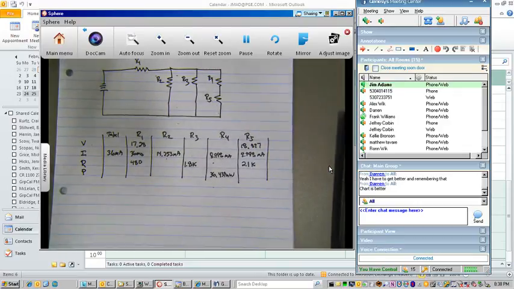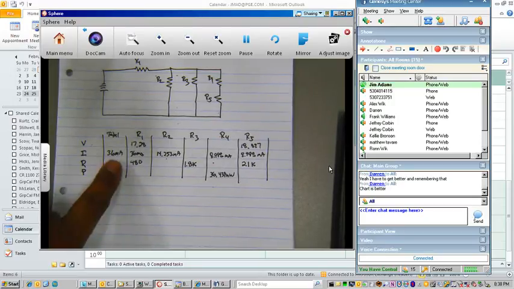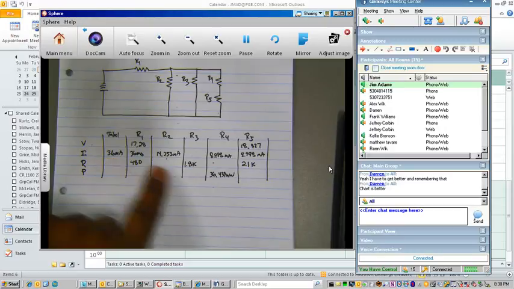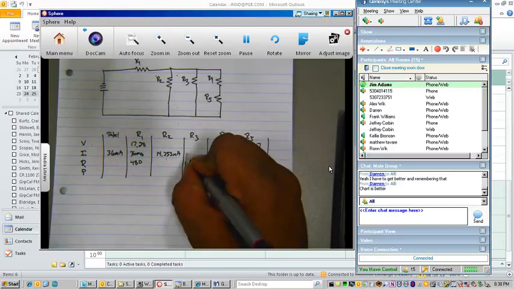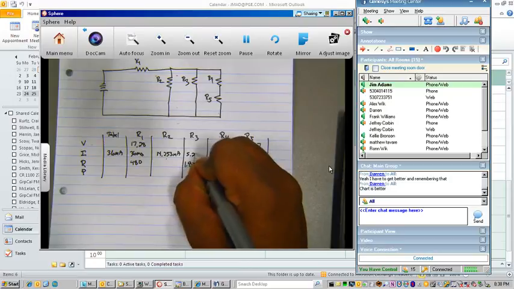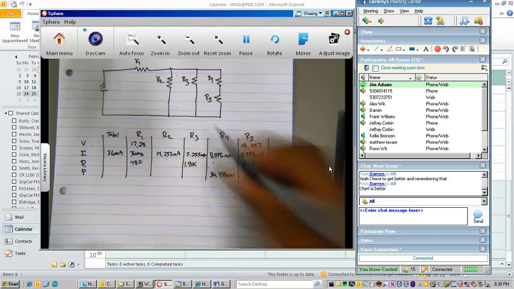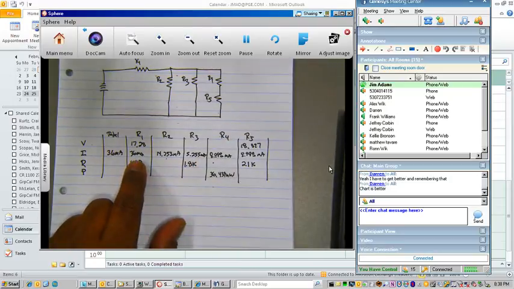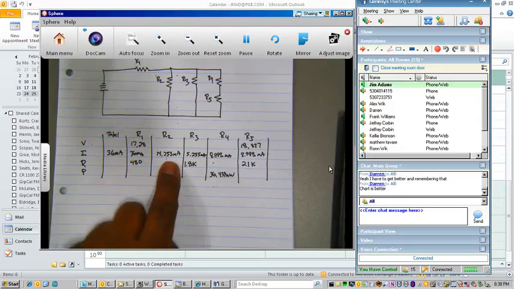Yep, 8.998 milliamps. Okay, so now if we start out with a total of 36 milliamps, 14 goes to R2, 8.99 goes to R4 and R5. How much will go through R3?